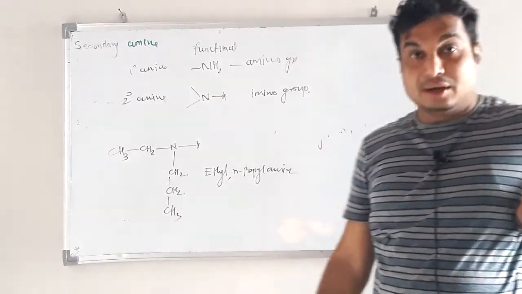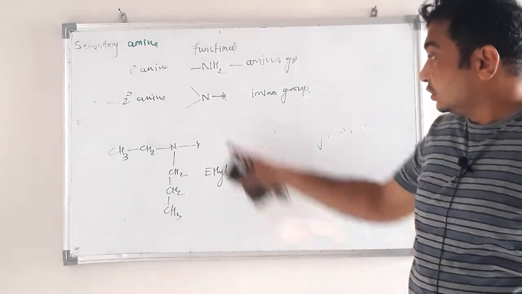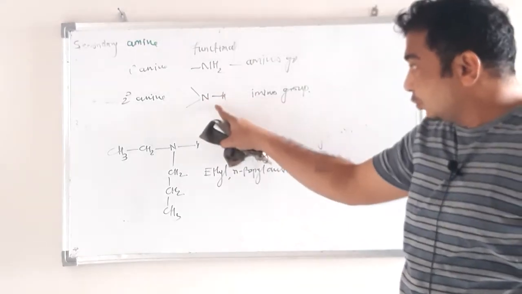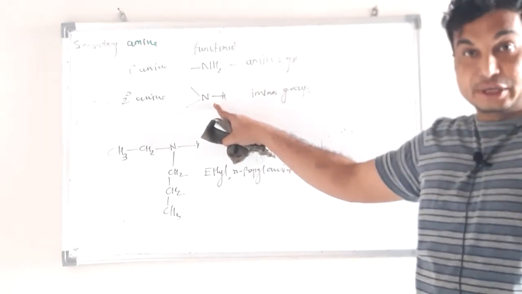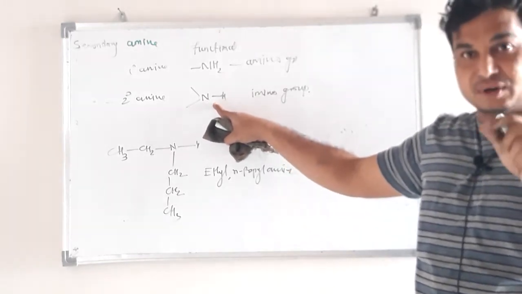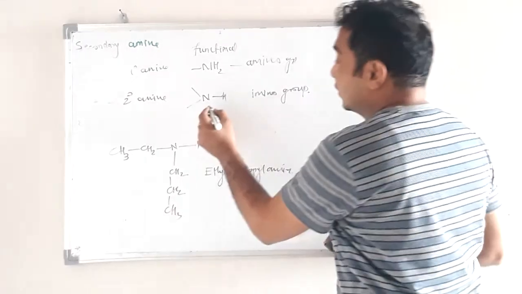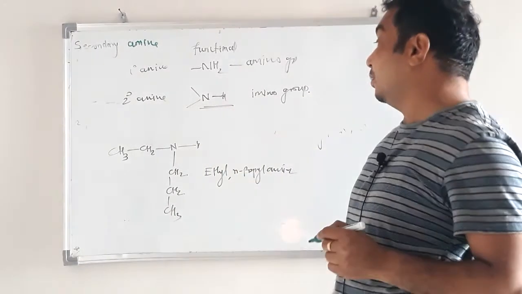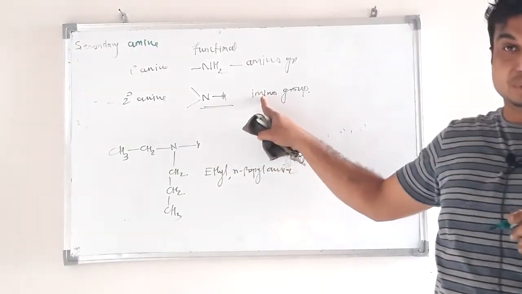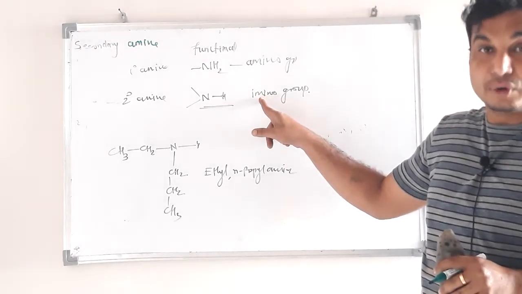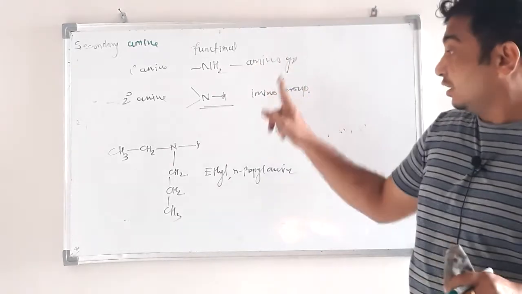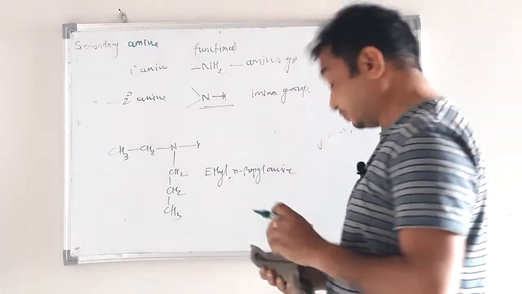If this type of functional group is present, NH, nitrogen attached to two alkyl or aryl groups, or one alkyl, one aryl, and one hydrogen, that is called a secondary amine. Amino means primary, imino means secondary.